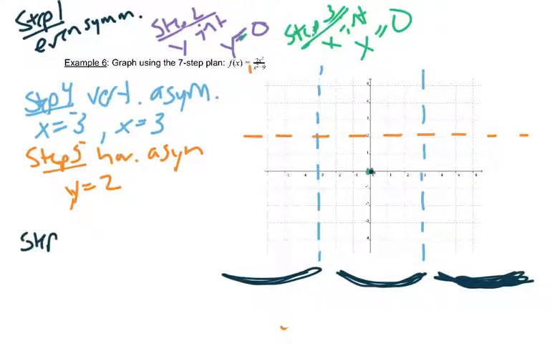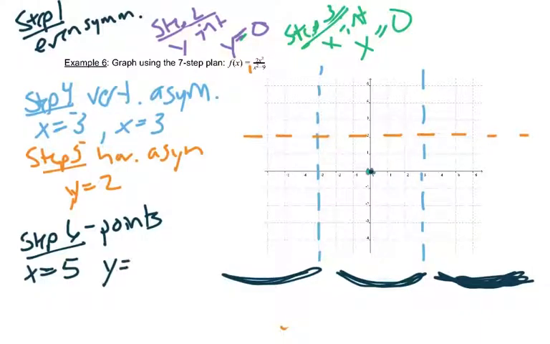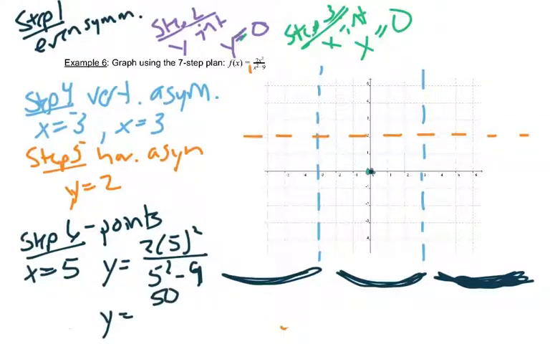So step 6 is points. We're going to choose, let's say, 5. And we'll plug 5 back into that equation up there. So we have 2 times 5 squared over 5 squared minus 9. 2 times 5 squared is 50.